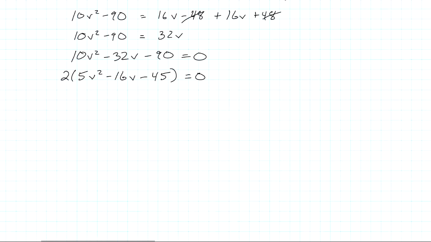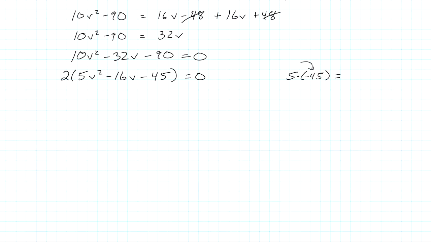And then we need to be able to factor 5v squared minus 16v minus 45. This looks like it's going to be enough that I want to use the AC method on this. I'm going to do 5 times negative 45. It's going to be a bit of a long one, but bear with us here.